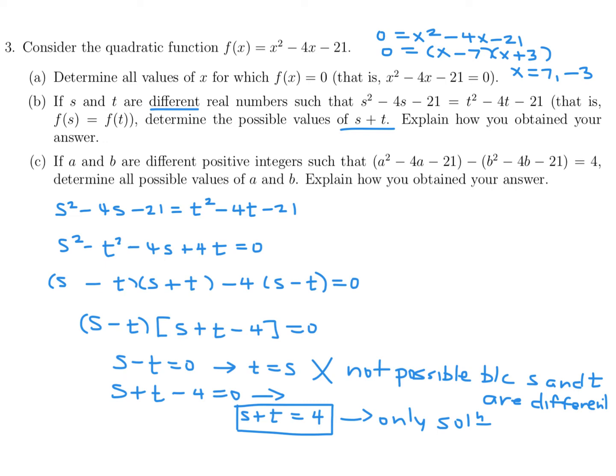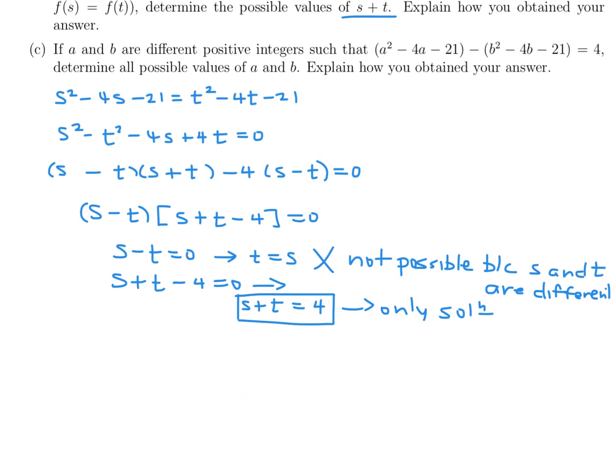Okay, part C. If a and b are different positive integers, such that a squared minus 4a minus 21 minus b squared minus 4b minus 21 is 4, determine all possible values of a and b. Now, explain how you got your answer.